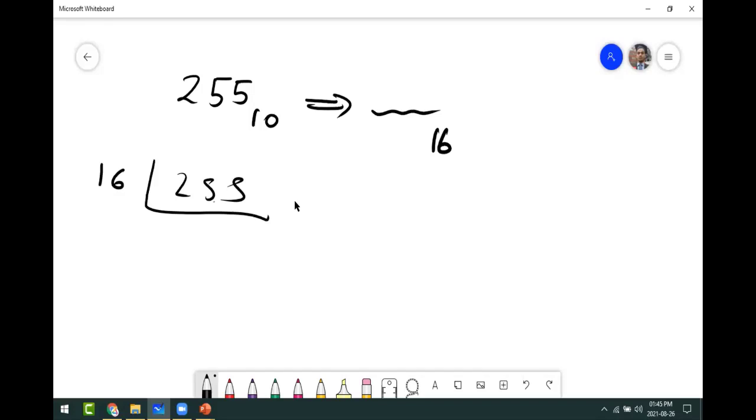If you divide 255 by 16, you will get 16 into 15 times, that is 240. So balance 15 varum. சரியா? 15 முறை balance 15. திரும்ப இந்த 15 16ஆல பிரிச்சா பிரிபடாது. Then remainder will be 15.